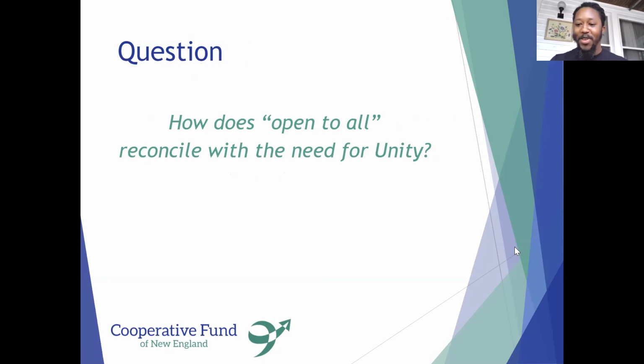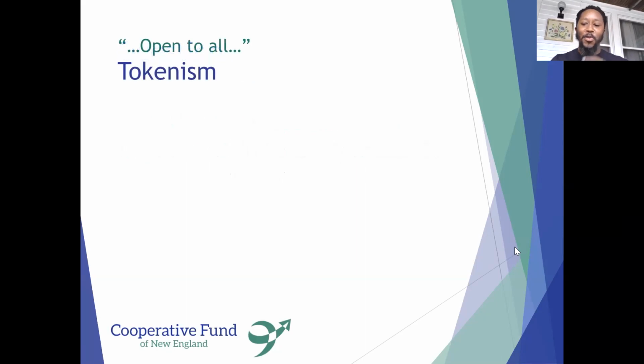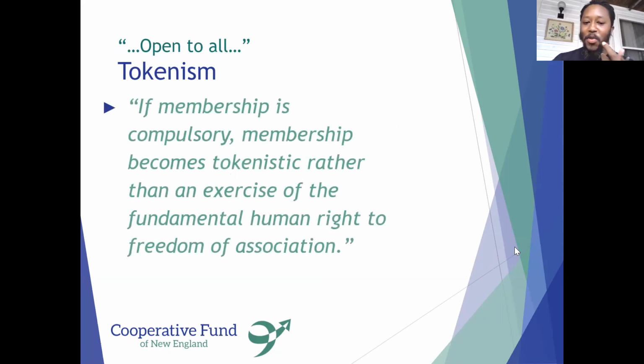So once you drop your thoughts in the chat, okay? One thing that I think is definitely not an answer to this is tokenism, right? And this is referenced in the text. There's a quote: if membership is compulsory, membership becomes tokenistic rather than an exercise of the fundamental right to human freedom of association.